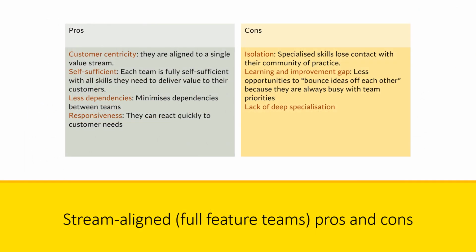Now, let's look at some of the pros and cons of going with this team structure. Earlier we saw that in each of these teams, we had all the skills that we needed. We had UI developers, specialists in the finance system, cloud engineers, API developers, data integration developers, data scientists, etc. What's going to happen when you do that is you realize in one team you have all the skills that you need and you're working directly with a customer.